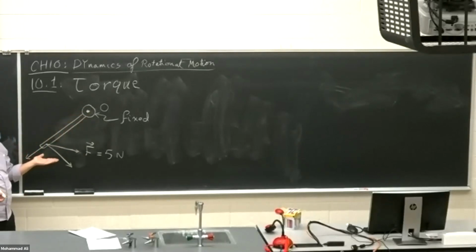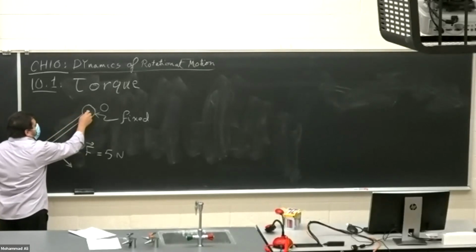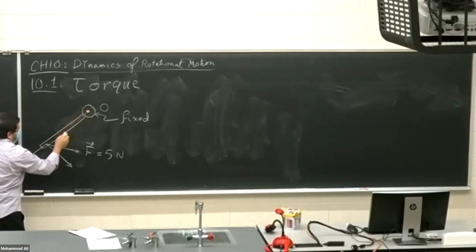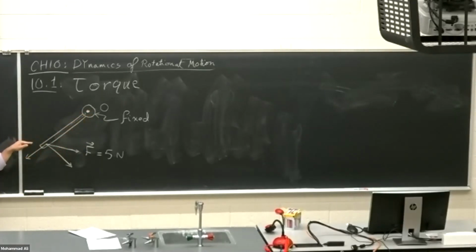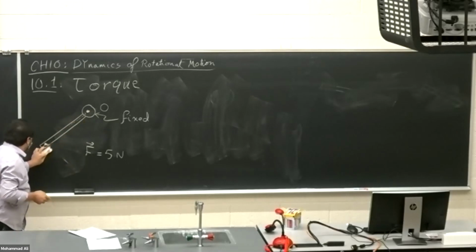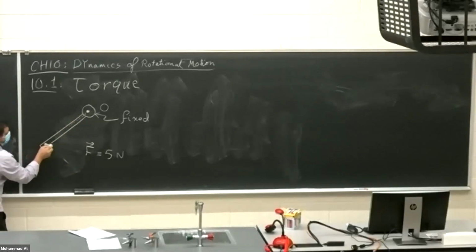What is the line that tells me there is a change in direction? It is simple. If I look at this, where is the point that the force is acting on? It is here. I will take one of these forces. Let me take this force.